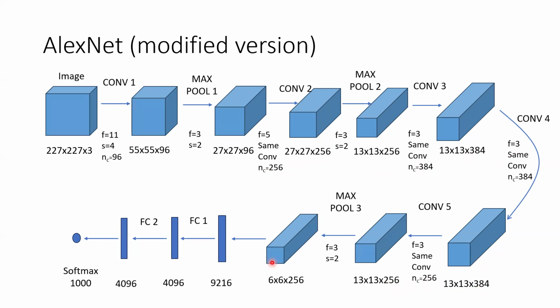Max pooling is applied to reduce the first two dimensions, 13 by 13 to 6 by 6. Once we have reduced this huge amount of information to this level, like 6 by 6 by 256, which is 9,216, only then can we apply the fully connected layers easily without a large number of parameters, and we can use the softmax layer.